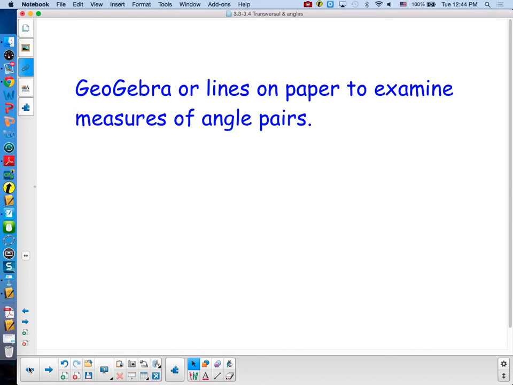Should have written it down. So parallel lines conjectures, and the person is Fred Schmitz. Find that one? Okay, go to that one.